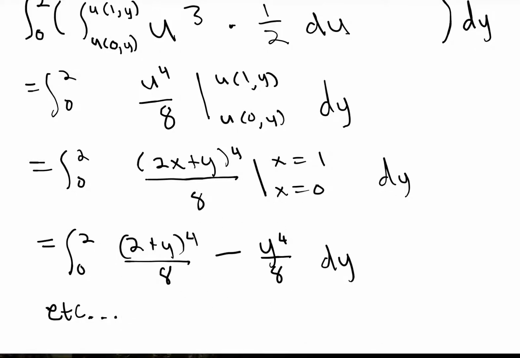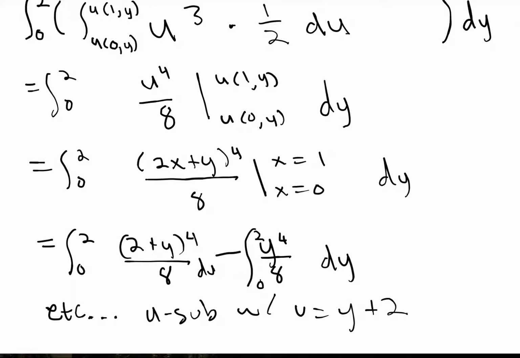So basically this is going to be another u substitution with u equals y plus 2 in my first integral. We are probably going to want to split this up into two pieces, because the second part doesn't require u substitution, right? So we can tackle this using old methods. We've got the Calc 3 part out of the way.